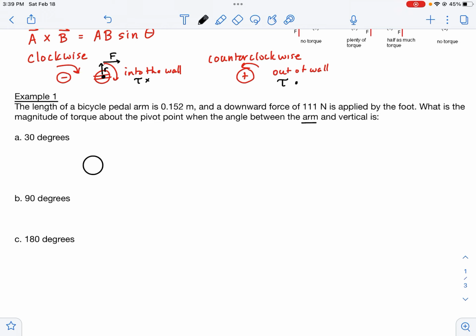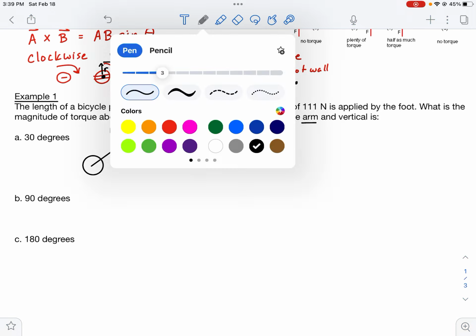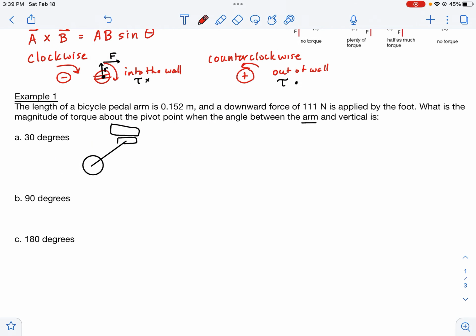So here's our gear. Here's part of the pedal. Here's the other part of the pedal. And the person's foot is up here, applying force. We know that this lever arm, this is R, is 0.152.